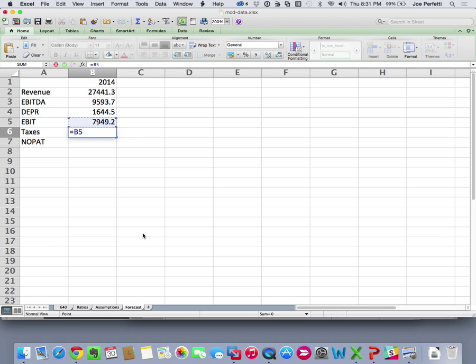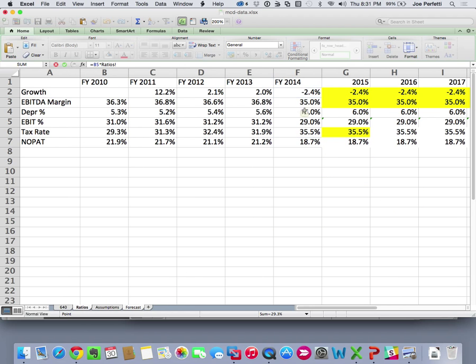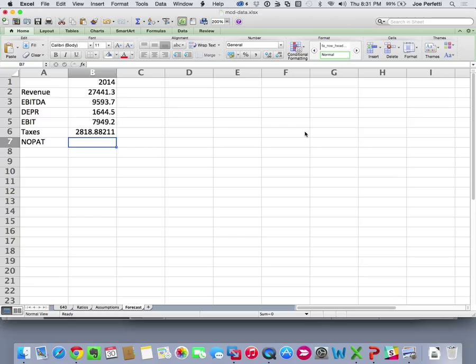So I'm going to take the EBIT times from my ratios, the 2014 tax rate. And then my NOPAT is going to be the EBIT minus the taxes. And I'll put these in 1 decimal place format. I'm not going to use dollars because you could apply this to any company. It doesn't have to be a U.S. company. Right? So everybody see I just did that?